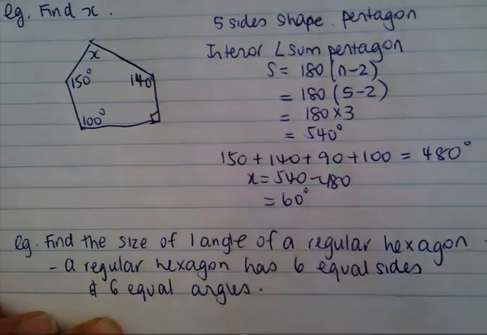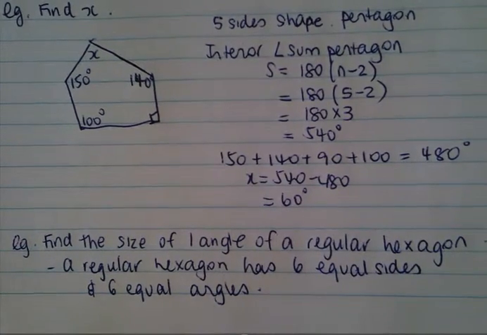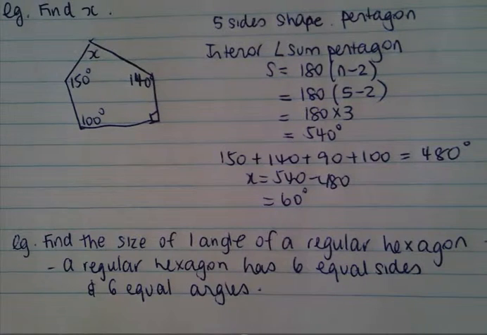Now, before I continue, tell me the name of a regular triangle. Equilateral triangle. Ladies, you need to listen. Tell me the name of a regular quadrilateral. It's a square. So a regular polygon has all equal sides and all equal angles. A regular triangle is an equilateral triangle.